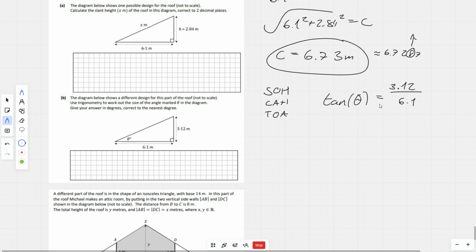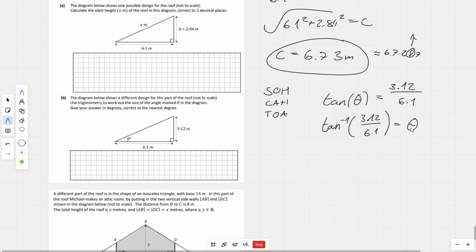Now, we won't be able to solve for theta like this. We might think, oh, you just have to divide both sides by tan. But in trigonometry, it doesn't work like that. We'll have to switch the places of theta and the fraction that we have and use tan inverse. So tan inverse allows you to switch those places around. So like this, where 3.12 over 6.1 is now inside, and theta is equal to it.